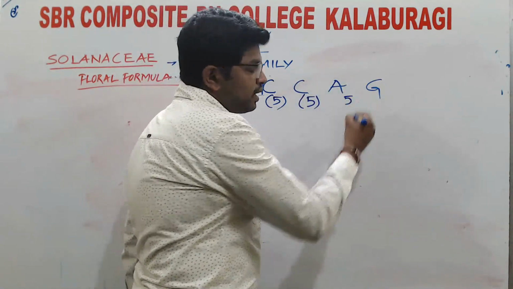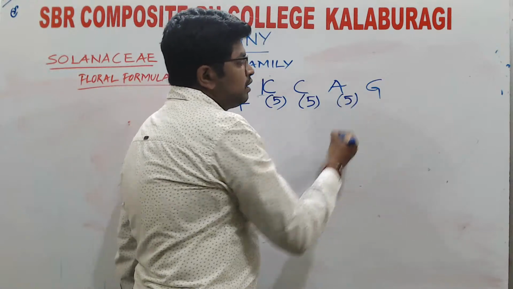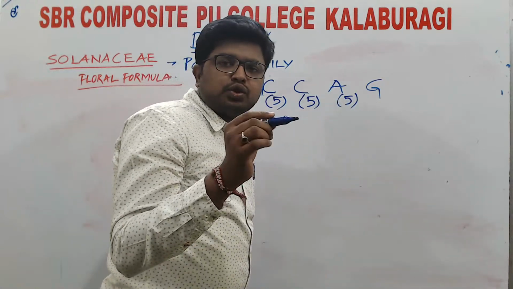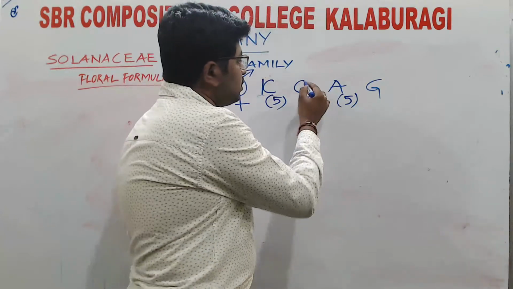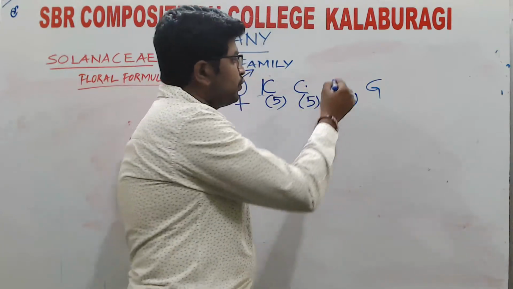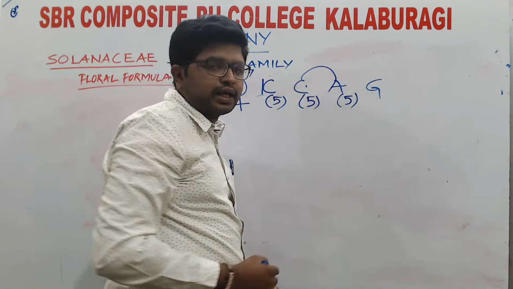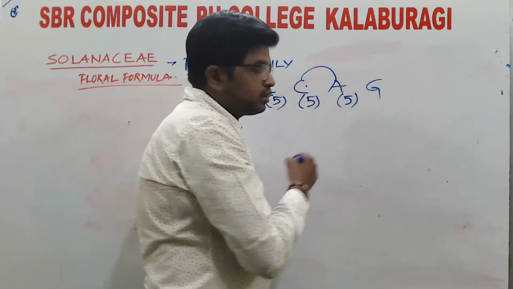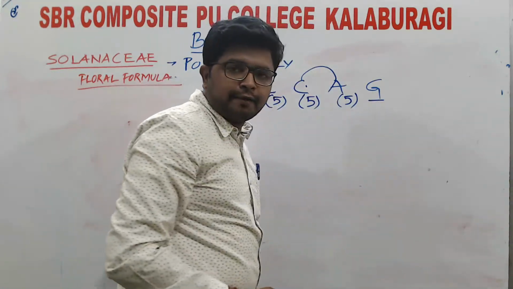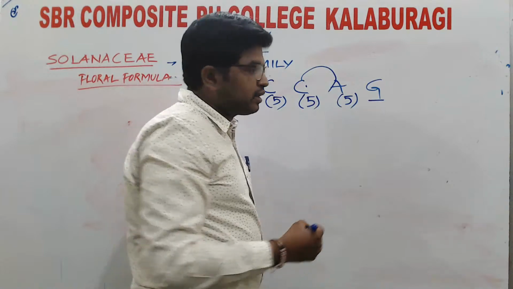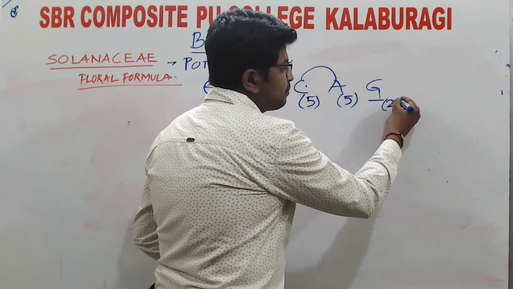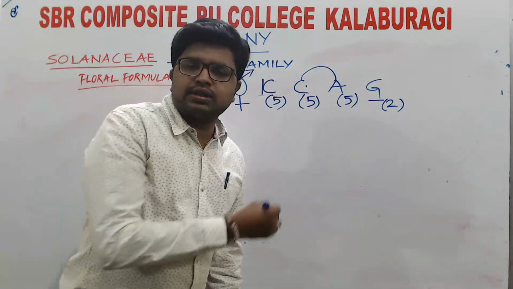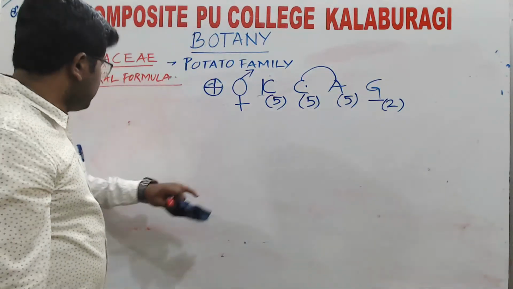Five. Are they united? Yes. The androecium shows adhesion with the petals, so you need to put a connecting line like this. Now the ovary is superior, so you draw the line. How many carpels are there? Two. Are they united? Yes, they are united carpels. Put a bracket. So this is the floral formula.